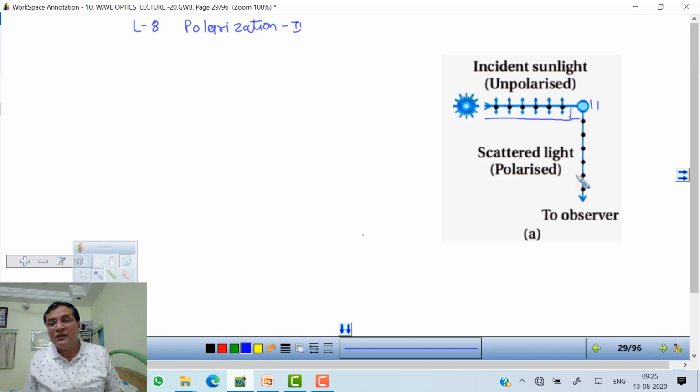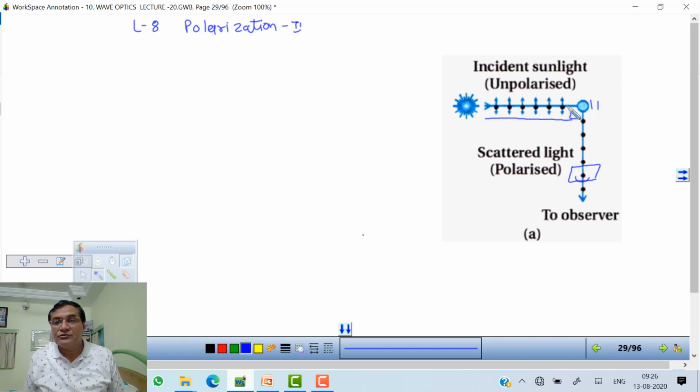If you put an analyzer here, you can check this. If you put one polarizer here, its function is to analyze the light, so it is an analyzer, but it is a polaroid only. And you rotate it; suppose the light comes from above and I rotate the polarizer, then the intensity becomes maximum and zero, maximum and zero. It means that the incident light is polarized light.